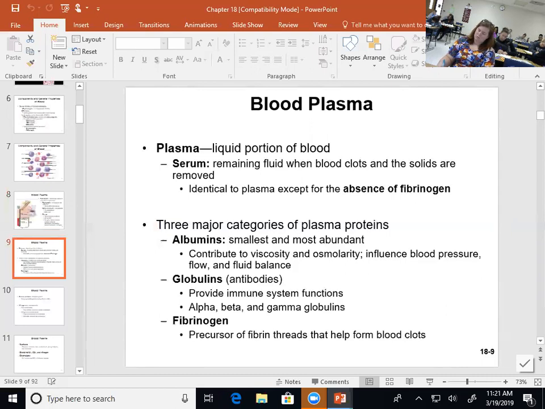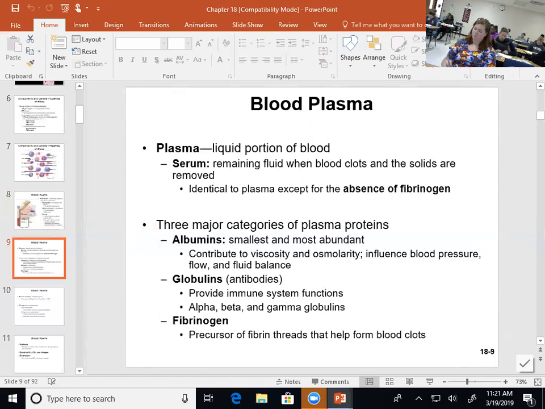So we have circulating in our plasma at any given time these blood clotting factors that are going to be ready in case we have a breach in our vessel. Splinter entered, a nail entered, somebody cut you. They are going to be ready to help with coagulation, which is blood clotting.